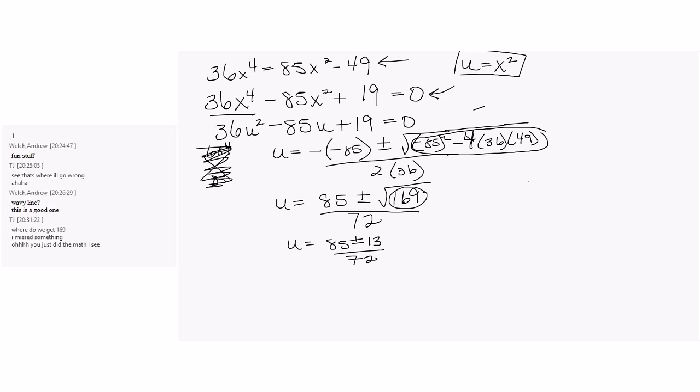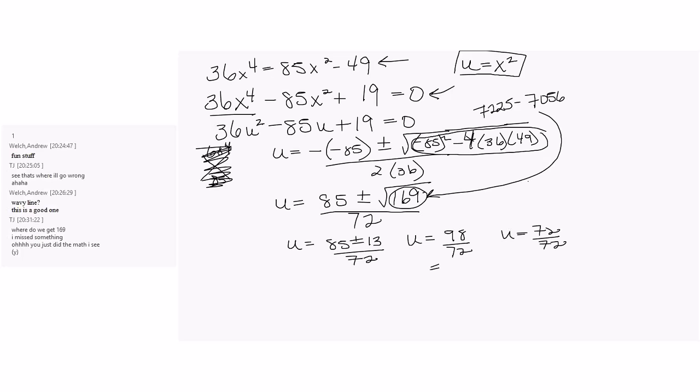This is the step that I missed. 7,225 minus 7,056 is going to be equal to 169. Okay, and then the square root of 169 is equal to 13, and that's going to give me 85 plus 13 is 98 over 72, and 85 minus 13 is 72 over 72. So there are my two values.